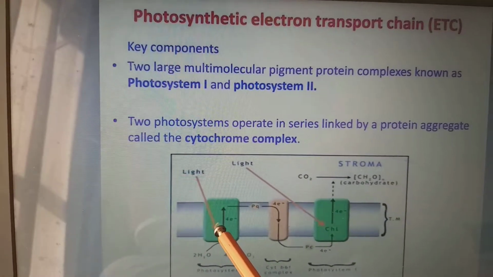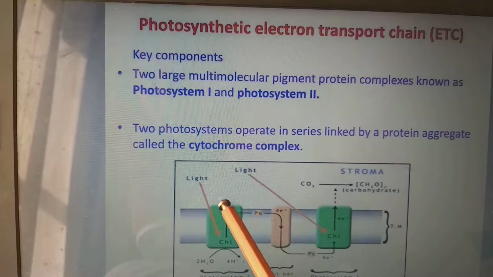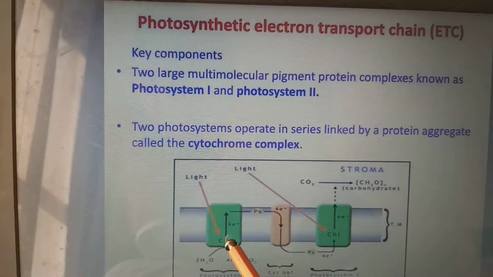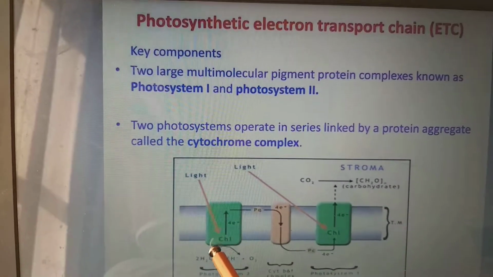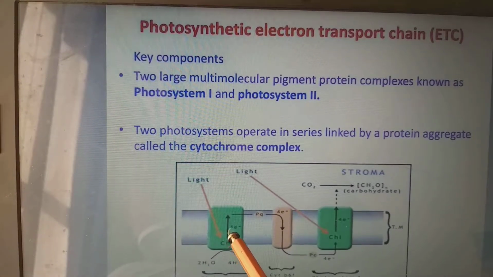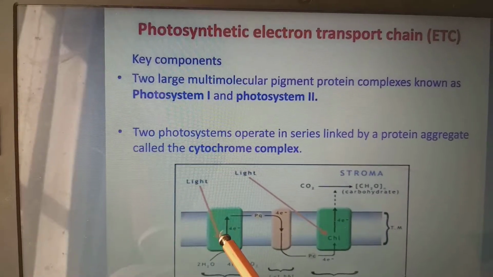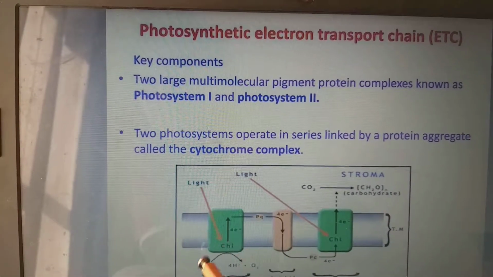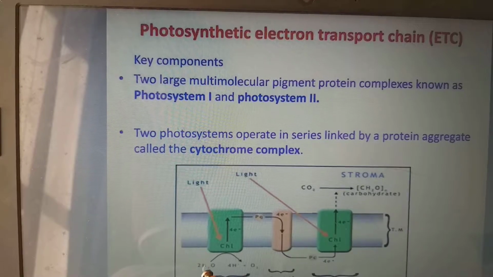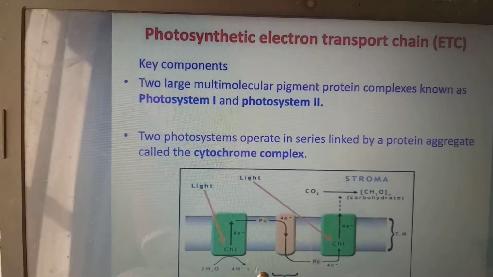Initially we have photosystem 2 and next photosystem 1. In photosystem 2, when the light hits the chlorophyll pigment, the 4 electrons are transported from here to photosystem 1, and the electrons are given by water. By splitting 2 molecules of water, we get 4 protons plus oxygen.